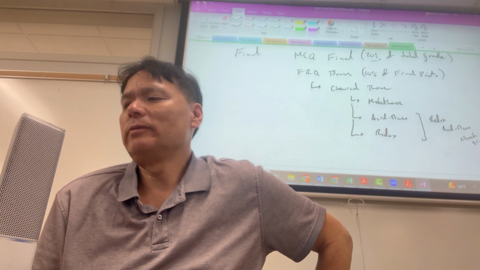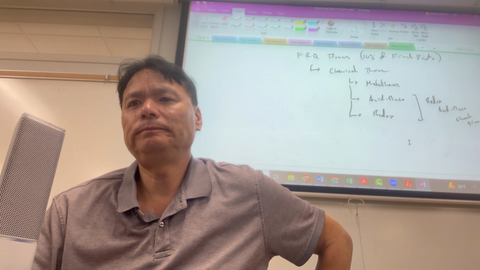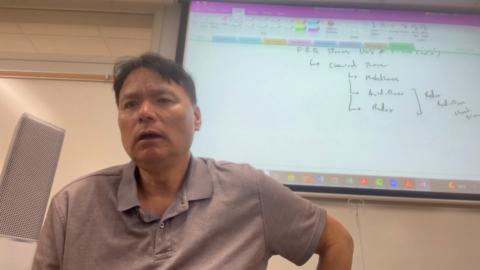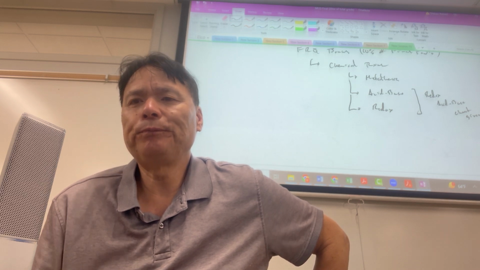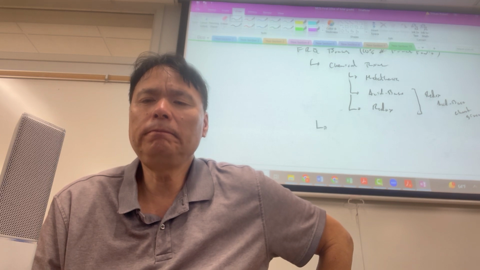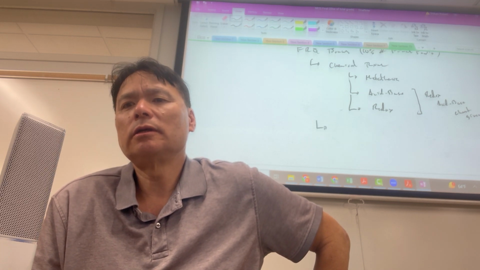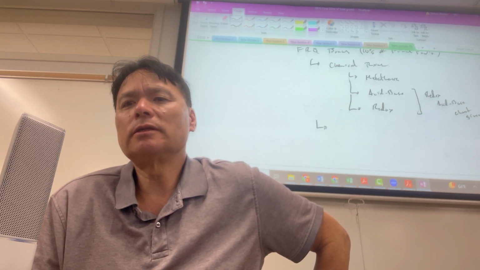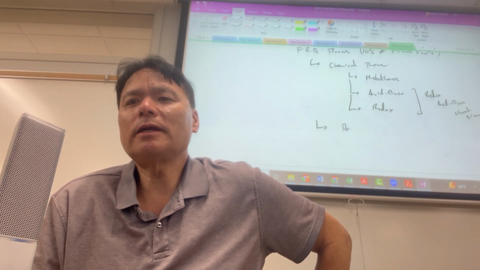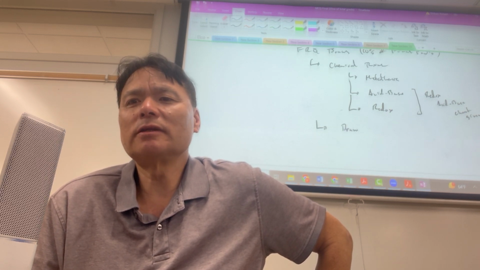So things like chemical reactions, I usually put some chemical reactions on there for the FRQ. And then for other questions, I put things like, I'm not saying this is going to be on there, but I've asked this in the past.